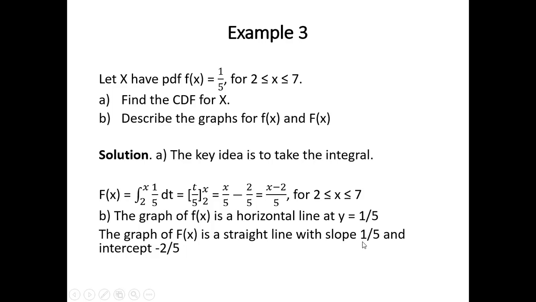The slope isn't steep, it's just 1/5, and the y-axis intercept would be minus 2/5. So it would intersect the y-axis a little bit below the origin, and then it would be going up. You can see when x is 2, we would get 0. So it would be going up slightly.